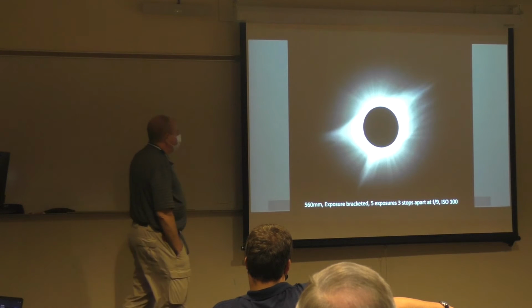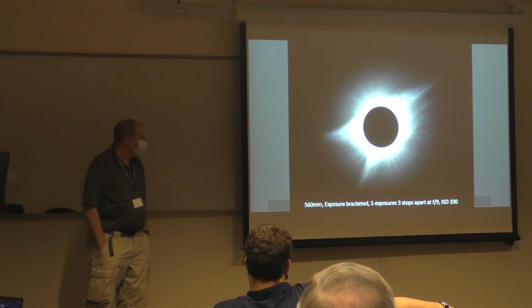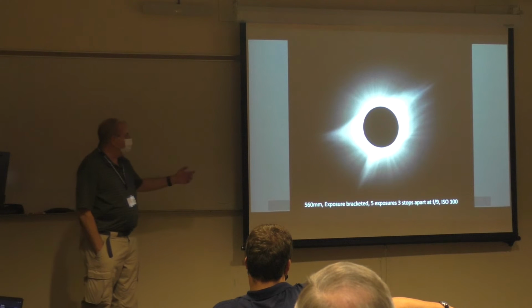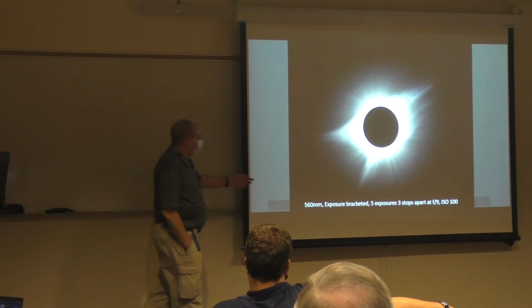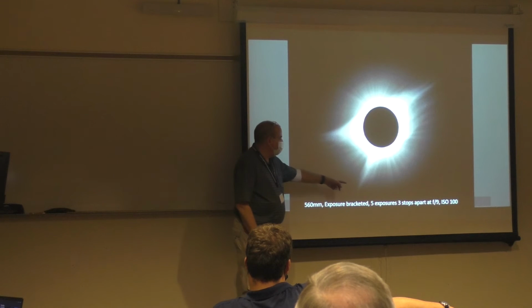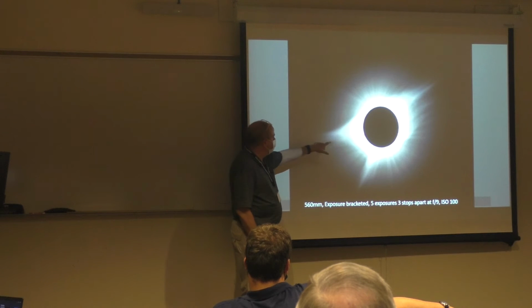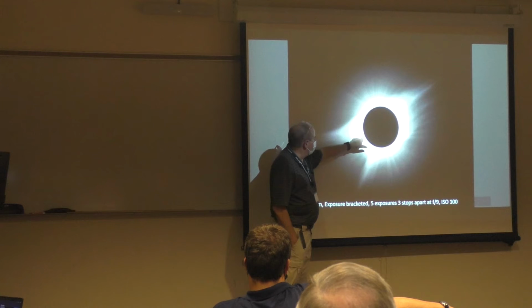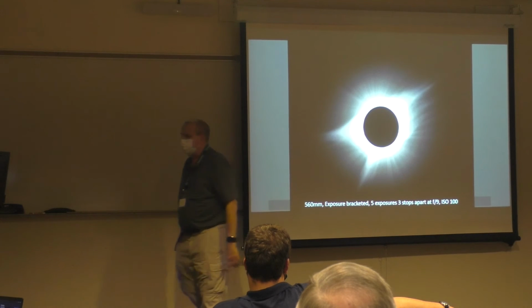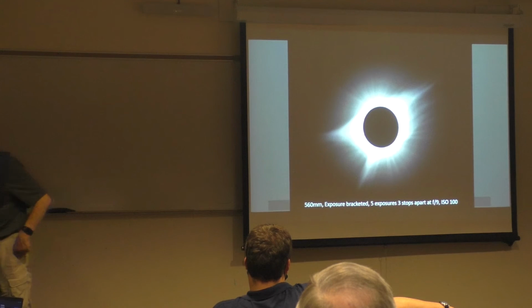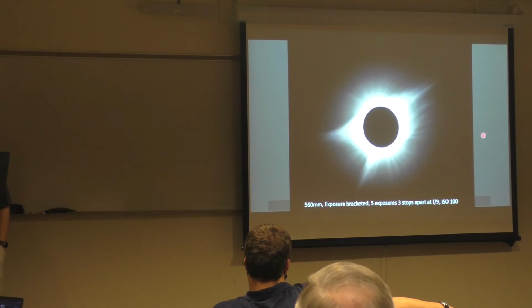These are tricky shots to get because there's such an enormous difference in brightness. So I shot 5 exposures, 3 stops apart, giving me an effect of 15 stops, because the light right by the limb of the sun is about 14 stops brighter than the edges of the image. So this is another shot that took a lot of planning to get right.